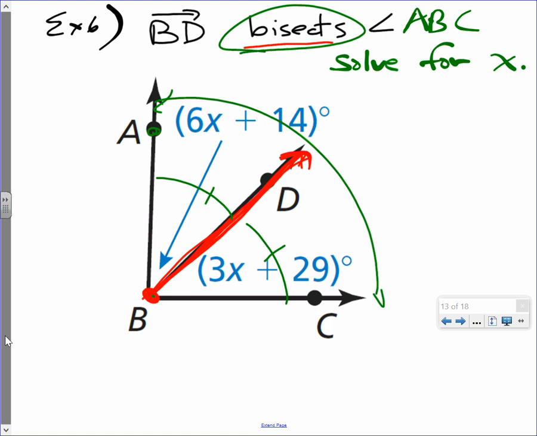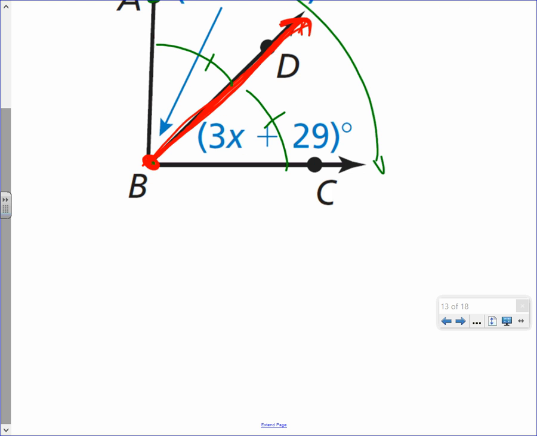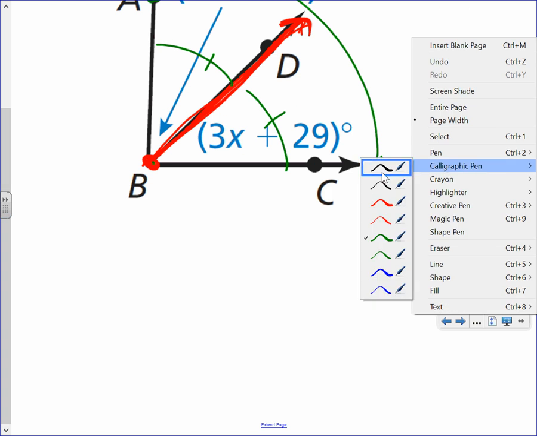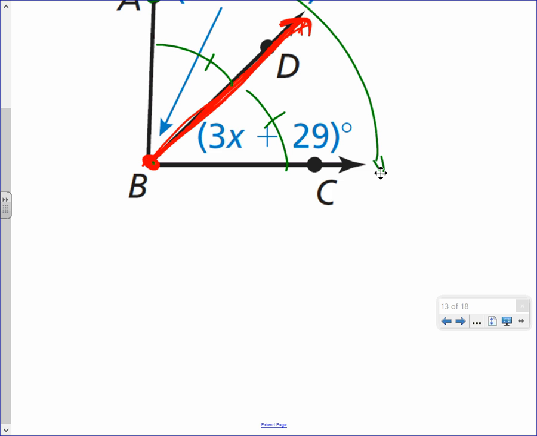So here we go. Because the ray BD bisects a big angle, I can say the measure of angle ABD equals the measure of angle DBC.